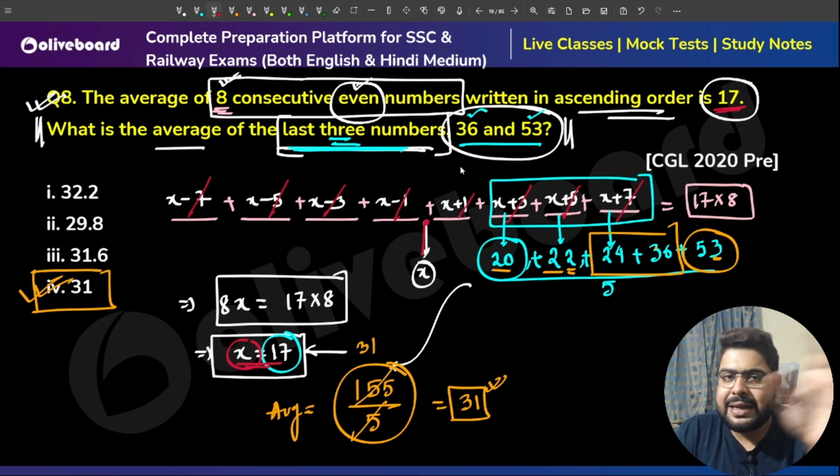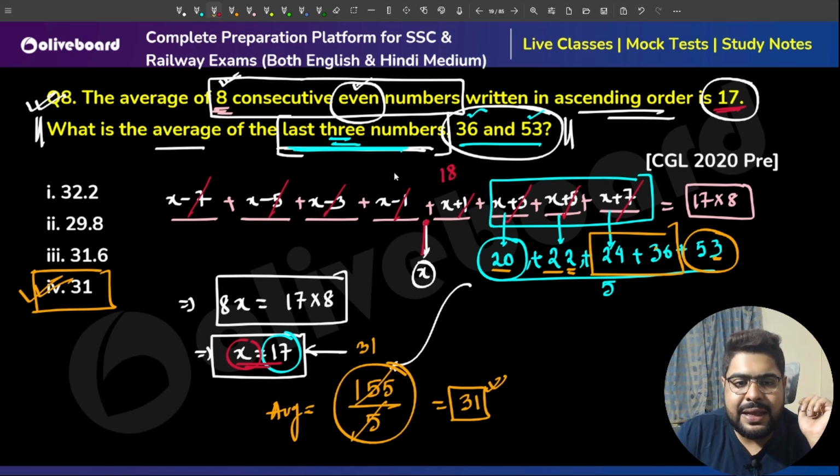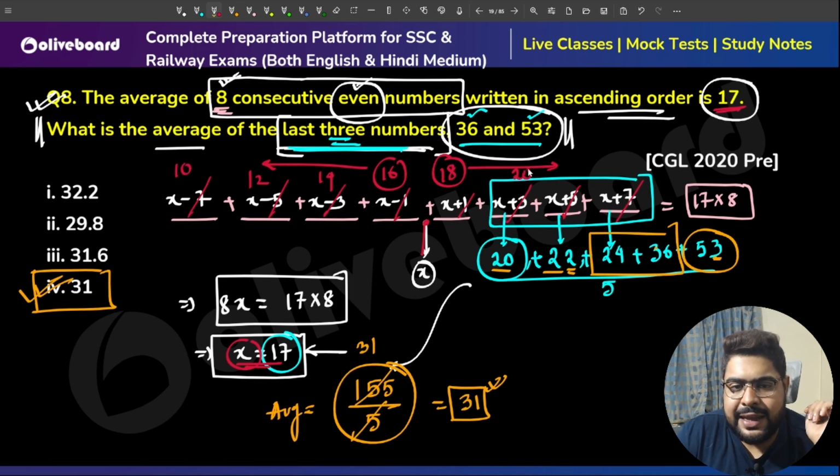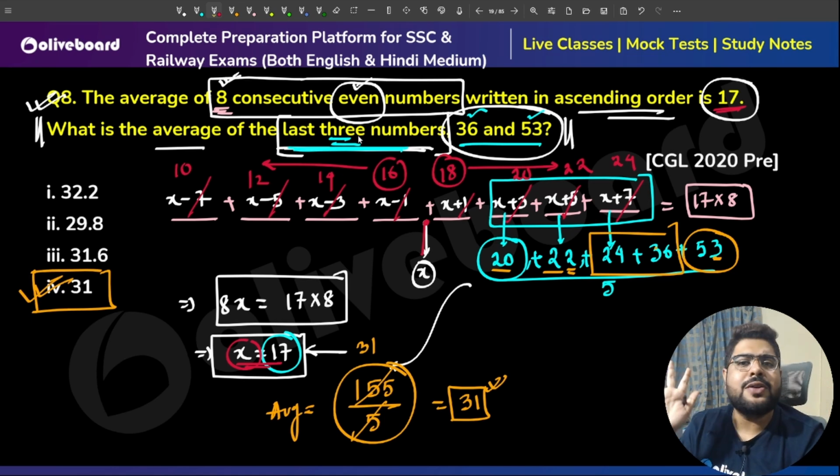The next two numbers, one is 18 and one is 16. Now from here you take three consecutive numbers in the backward direction, and here you take three in the forward direction. So it will be 16, 14, 12, 10, and 20, 22, 24. I can do anything I want. I won't be writing all this. This is just for your understanding.